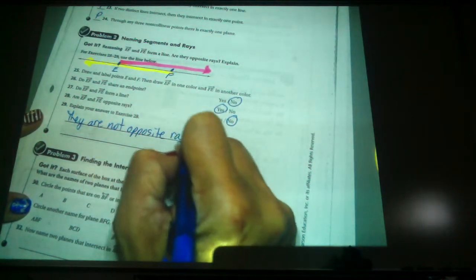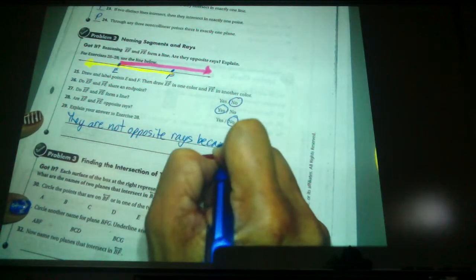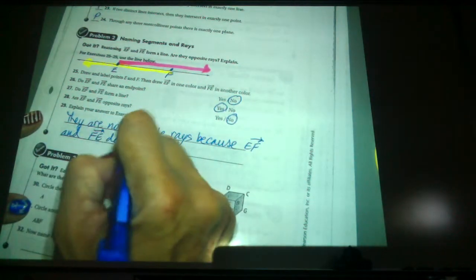Because, why? Right, you need to use a complete sentence. They are not opposite rays because, in our notation, ray EF and ray FE do not share an endpoint.